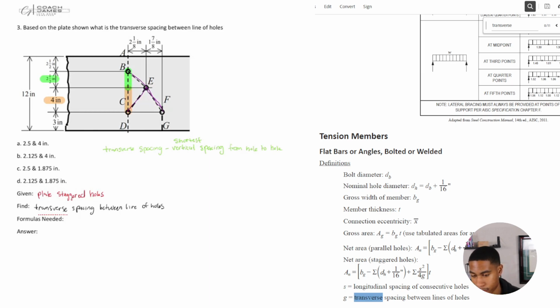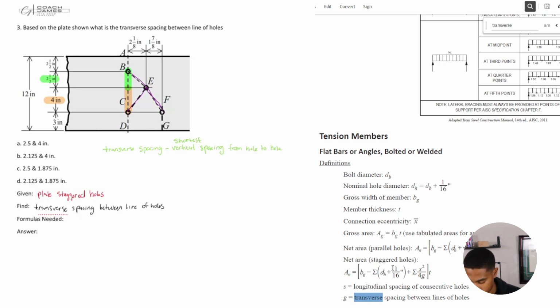Well, this is very important when you want to find the net area, because you want to use G to help you solve that net area, so you need to know what values to plug in for G.